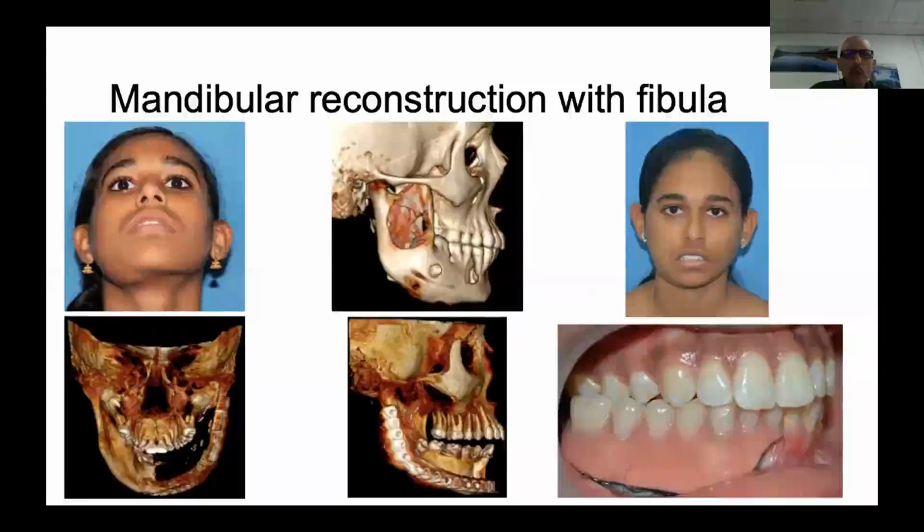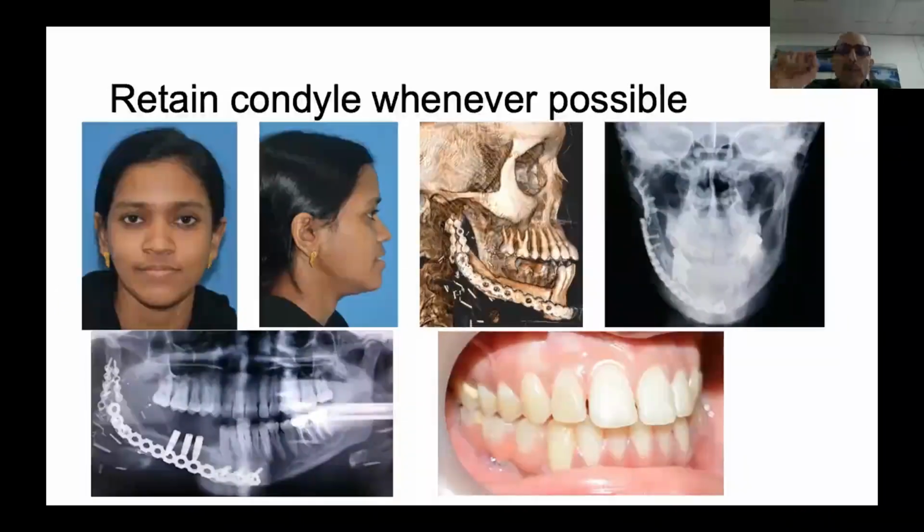So what do we do? Whenever possible, we retain the condyle, however small that condyle is. And if that condyle is retained, you see the outcome. There is a beautiful form created, and it's difficult to say that the patient has been operated. These are both the post-operative photographs of the patient, and the fibula is in exact place because multiple techniques have been used.